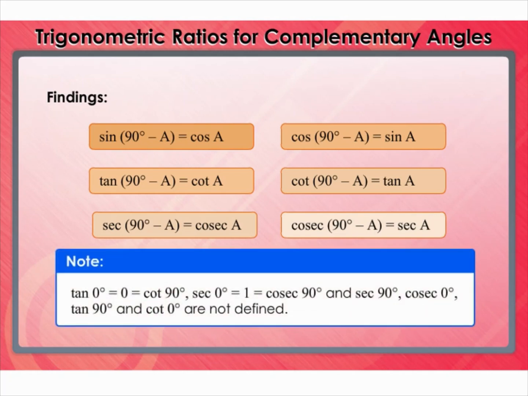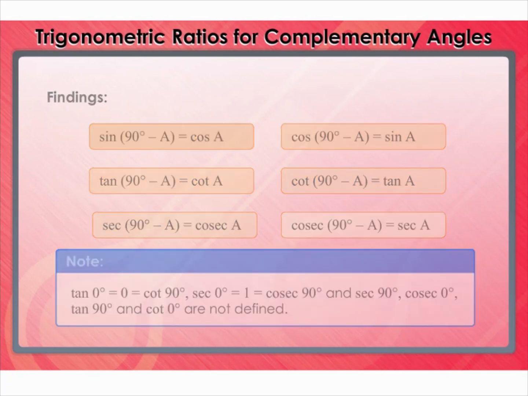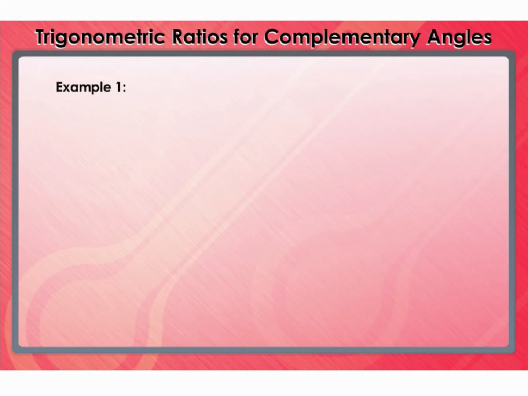Note, tan 0 degree equal to 0 is equal to cot 90 degrees, secant 0 degree equal to 1 equal to cosecant 90 degrees, and secant 90 degrees, cosecant 0 degree, tan 90 degrees, and cot 0 degrees are not defined. Let us solve some examples relating to trigonometric ratios for complementary angles.